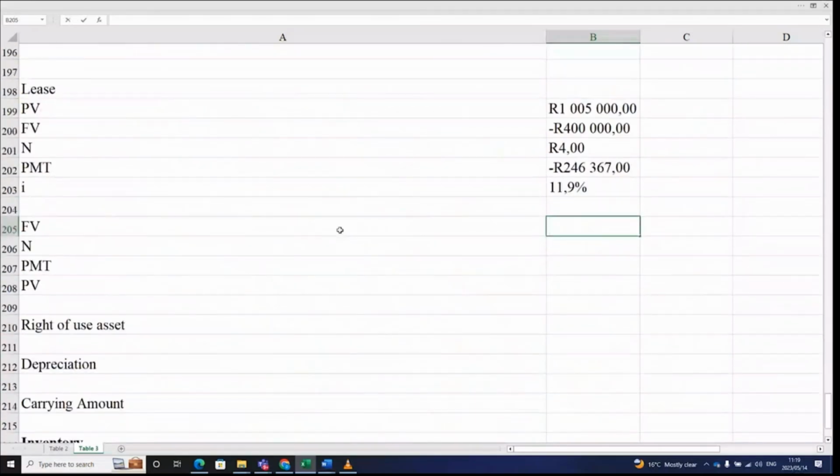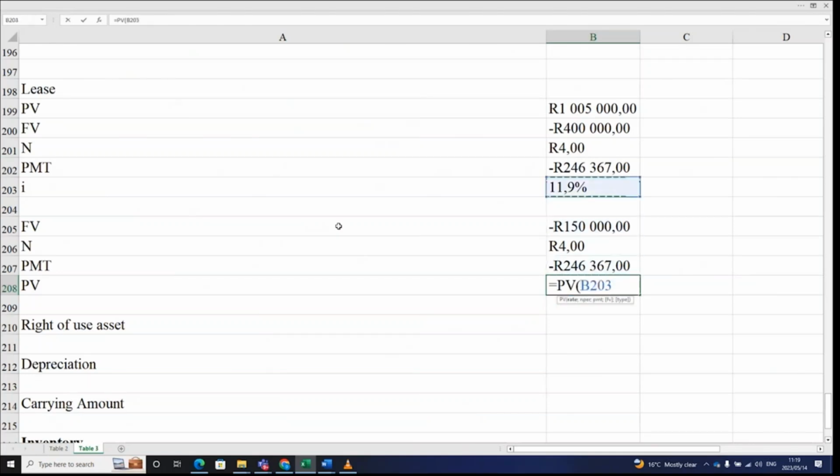Okay, so it's 150,000 that they'll pay. Period is also 4 years. The PMT is the same as that, right? Then we work out the present value, which will be formula PV. Rate is that percent over there, the implicit rate that we worked out.